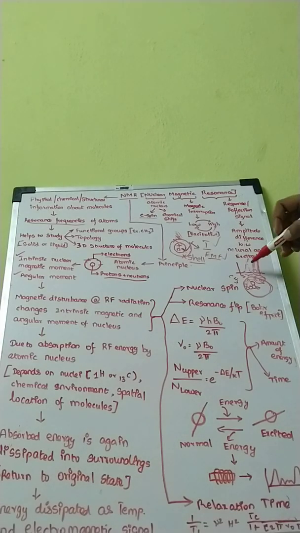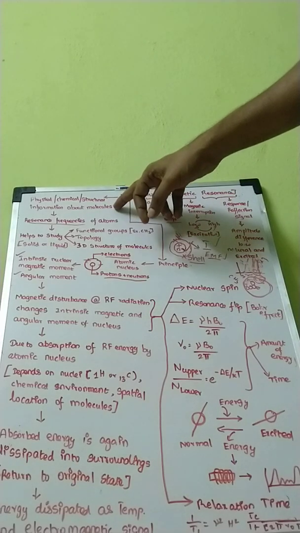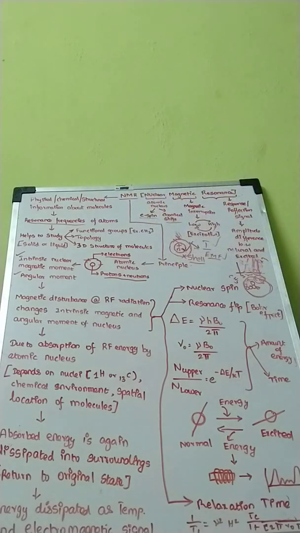For example, this peak may correspond to hydrogen and this larger peak may correspond to CH3. So what does it mean? If I get a nuclear magnetic resonance spectrum in the form of two peaks, that means the molecule which I have studied using NMR has two basic structures.